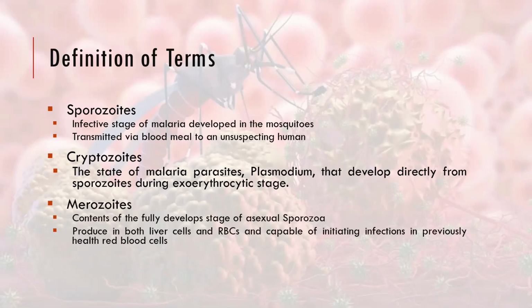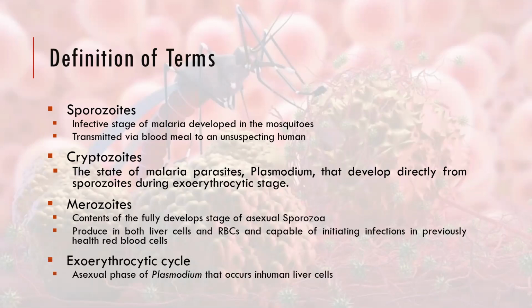Merozoites are the content of fully developed asexual sporozoa, produced by both liver cells and RBCs and capable of initiating infections in previously healthy red blood cells. Okay?